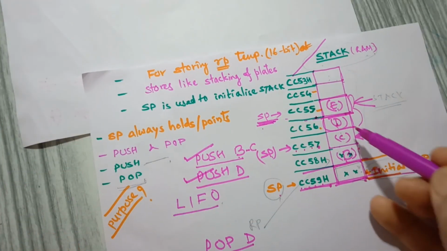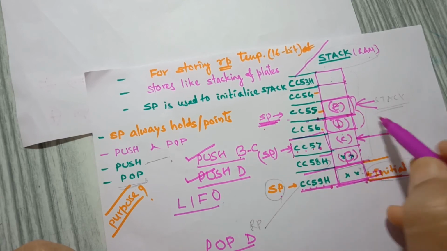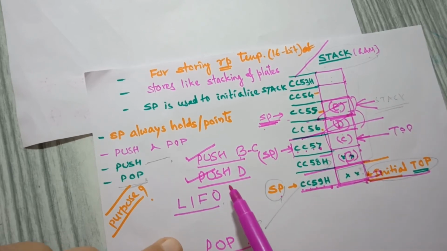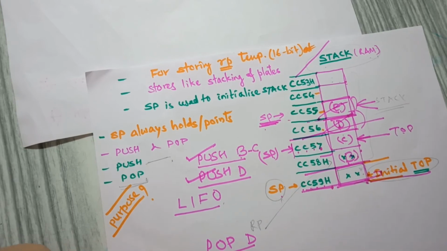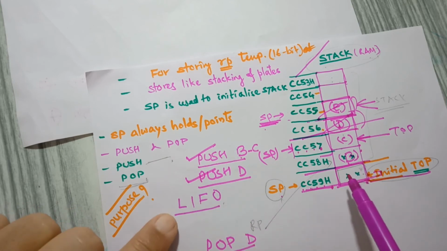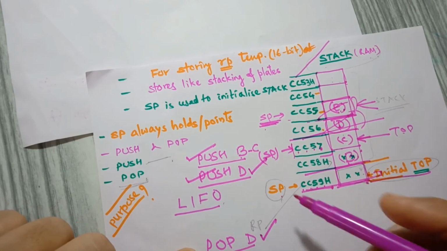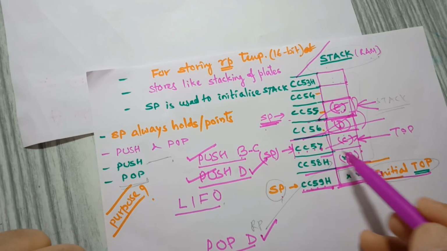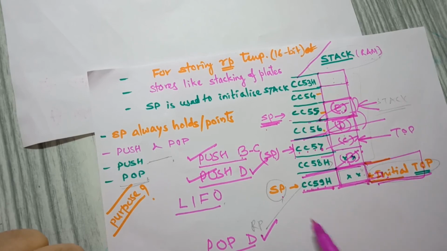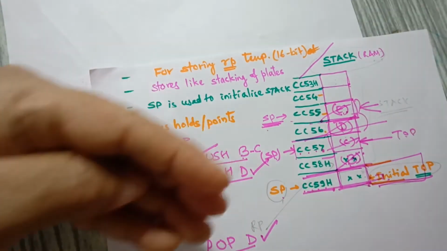So E will be retrieved, D will be retrieved, and then SP will indicate this. ही माहिती घेतल्यानंतर आता हे 2 काढून घेतलं म्हणजे टॉप काय झाला? हा झाला. हे काम कोण करतं? स्टॅक पॉइंटर करतं, राईट. आणि मग नंतर कुणाला पॉप करावं लागेल? पॉप बी. जे उशिरा ठेवलं होतं ते पहिले घ्यायचं, last in first out, राईट. And then pop B, then C will be retrieved, B will be retrieved, and once again SP will point to this top. तो अशा प्रकारे इन्फॉर्मेशन स्टॅकला ठेवता येते क्रमाने आणि इन्फॉर्मेशन क्रमाने घेता येते.